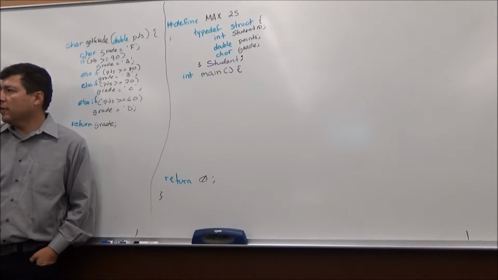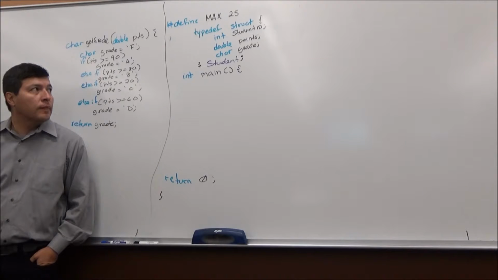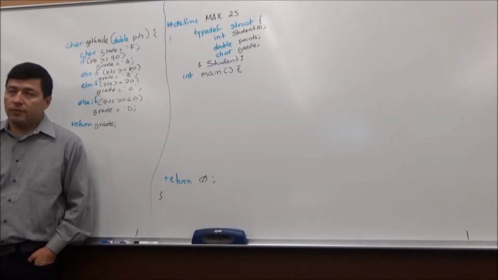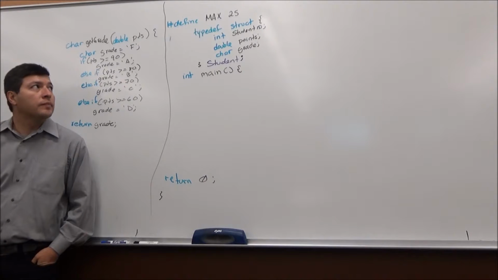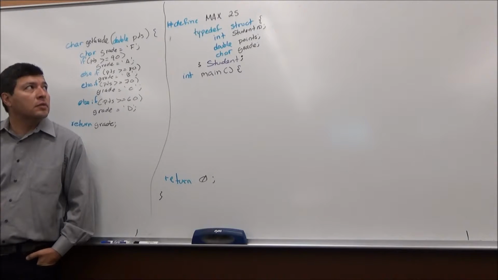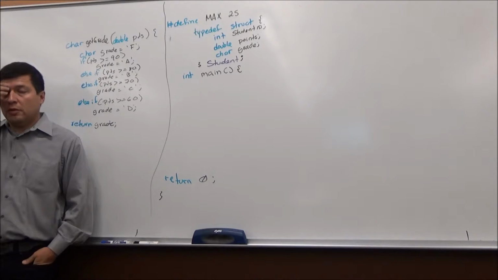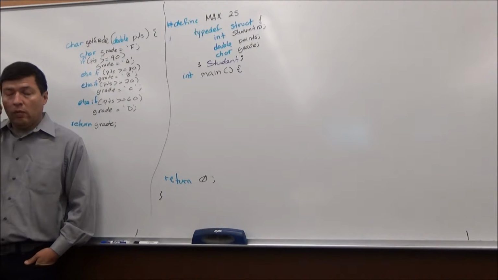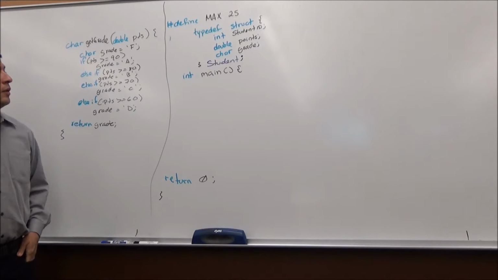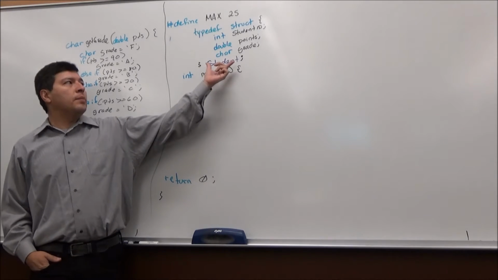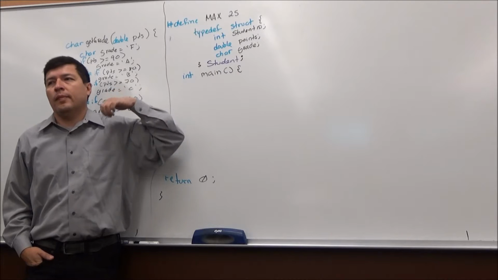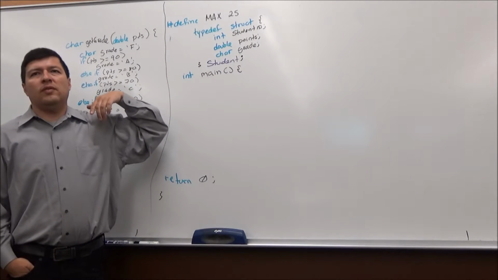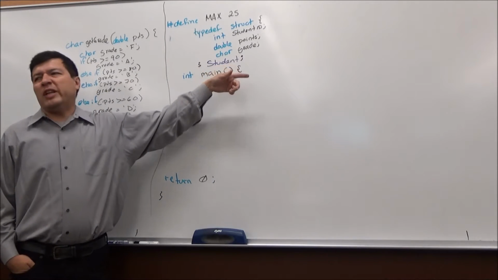It's not a method, it's not a function. That's the syntax to define your own data types. You put type definition, you put structure, and then you open and close curly brackets. And then at the end, you put the name, whatever you want to call it. The book uses an underscore T at the end.